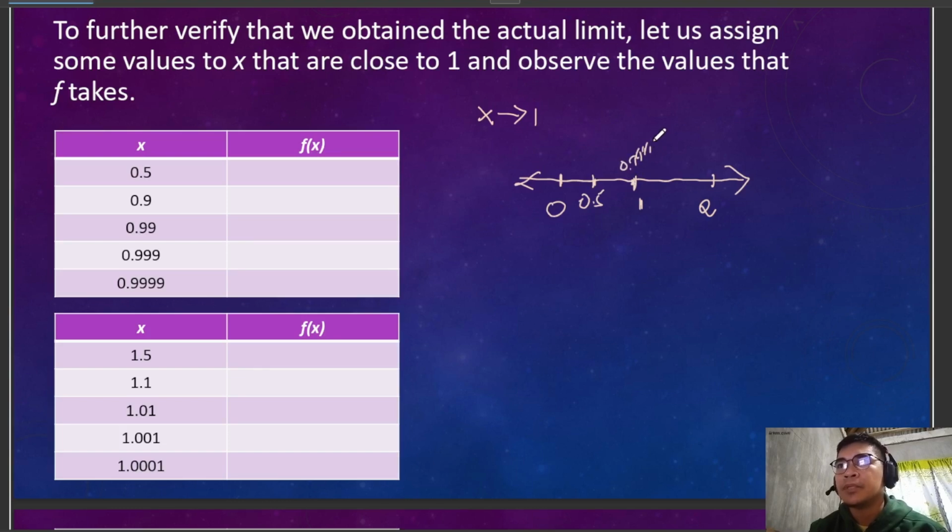Closer lang. The other hand, we have 1.5. Here, it is in between 1 and 2. Right? And then, nagpaubos po siya paingon dito sa 1. So, 1.1, 1.01, until 1.0001. So, hindi siya 1. That is 1.001. Becomes closer and closer to 1.